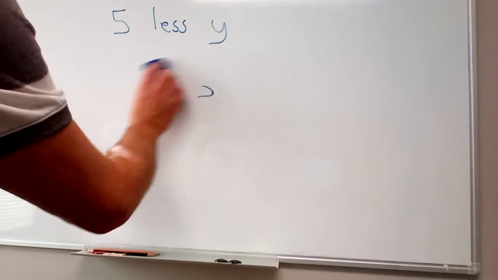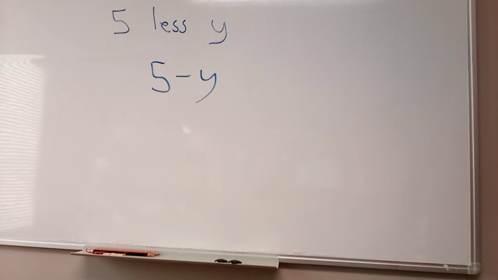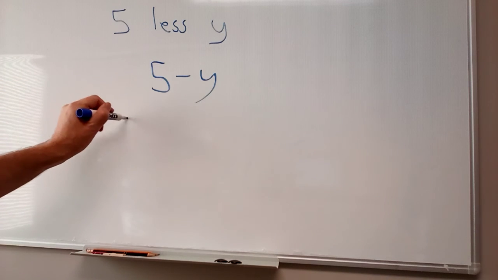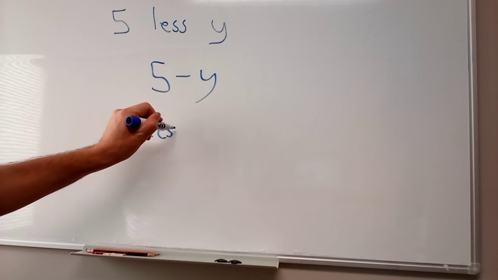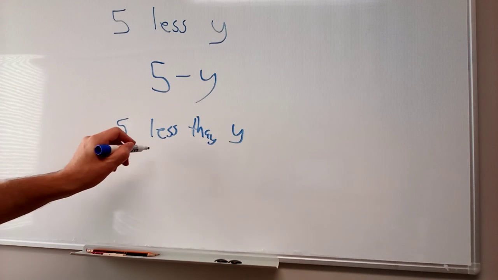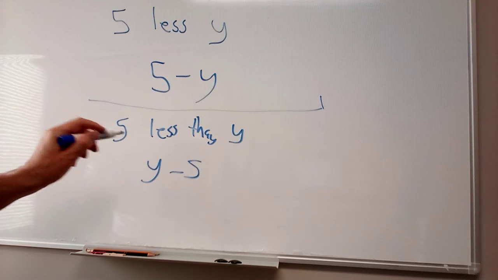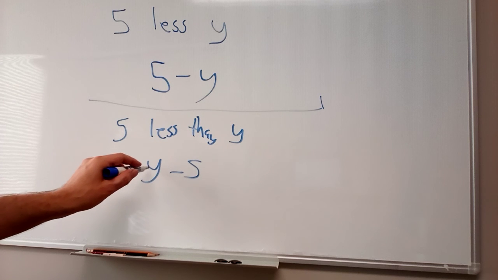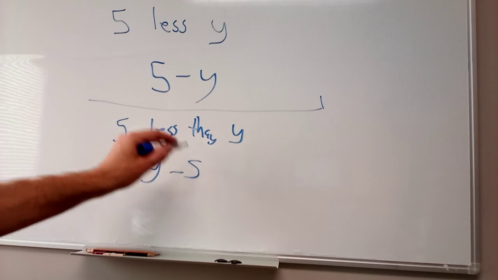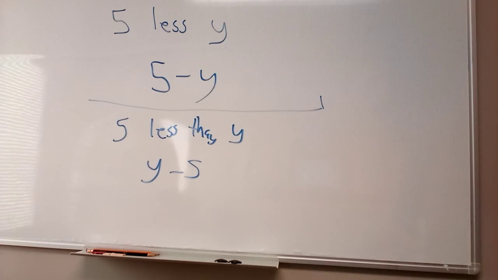Excuse me, I did that backwards. 5 less y would be 5 minus y, but if I put the than in there, 5 less than y, then I have y minus 5. So hopefully you can see the difference between those two. 5 less than y is y minus 5. 5 less y is 5 minus y. You're taking the y away from the 5. So that is something that you'll want to watch.